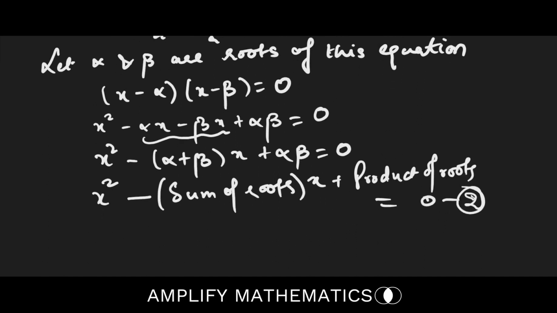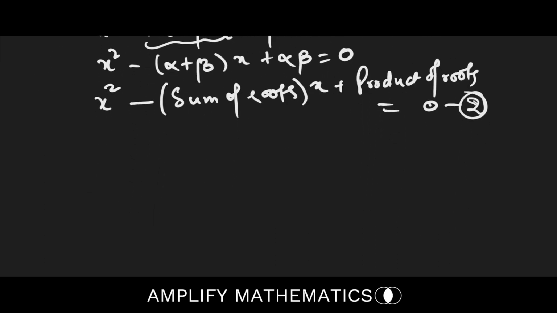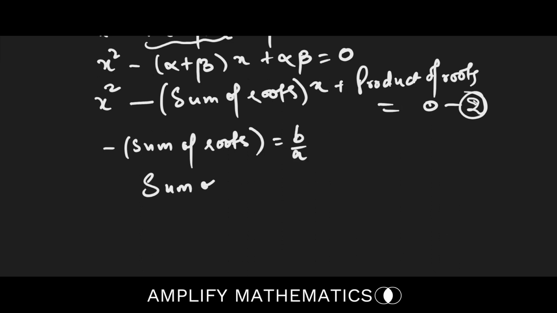Okay, so b by a is equals to minus sum of roots, or minus sum of roots is equals to b by a, and we can write sum of roots as minus b by a.